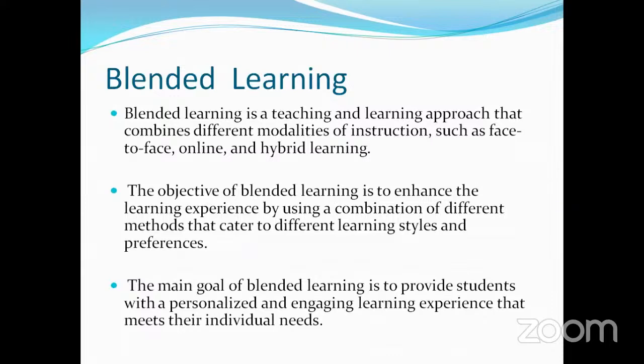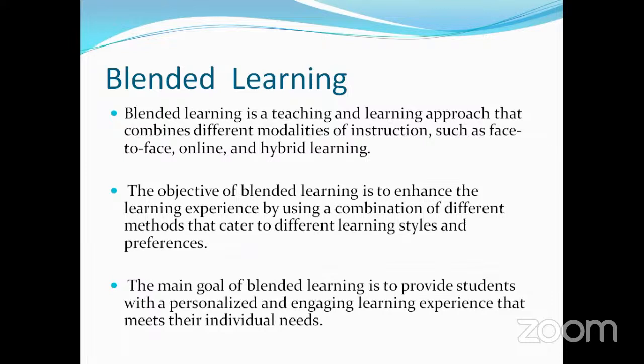Next one, blended learning. Learning and teaching differ from person to person; they are unique. Some people explain the concept in an example-oriented way. Some people explain the concept in an experiment-oriented way. So the teaching style will be different. The model of explanation differs from teacher to teacher.